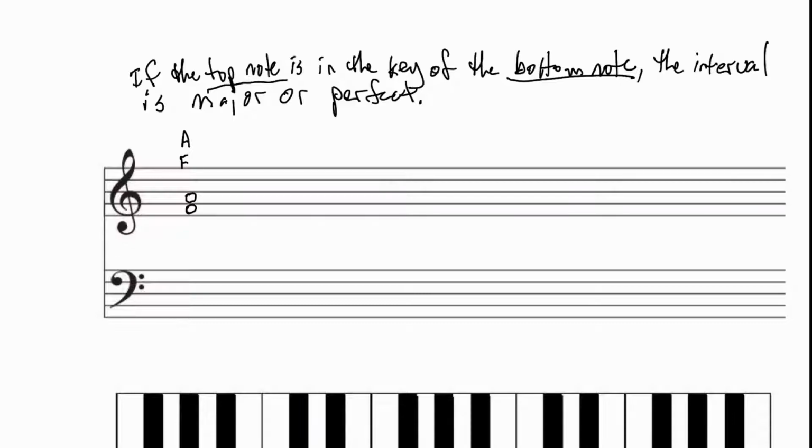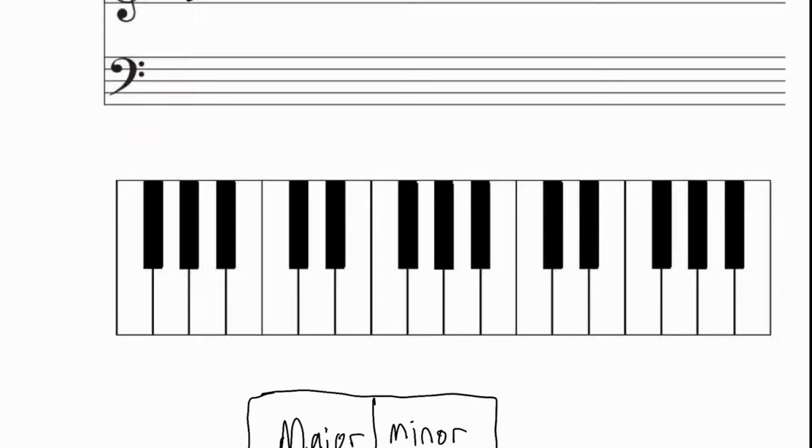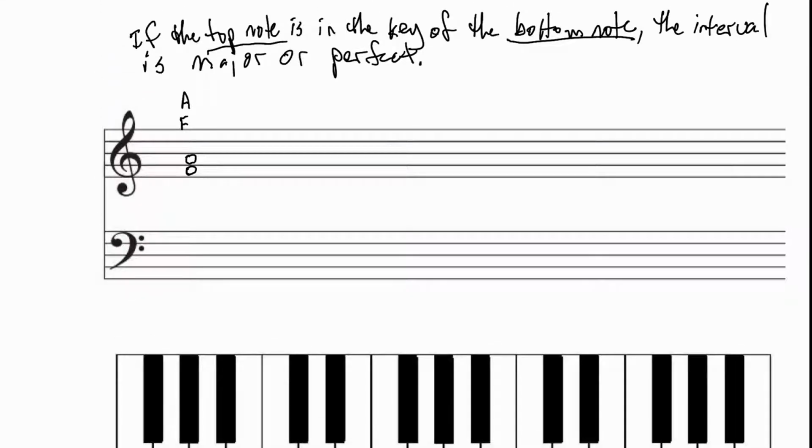F major scale, if you look here, is F, G, A, B flat, C, D, E, F. See how important it is to know your scales and key signatures? So the F major scale has an A in it, and so therefore, this is a major third. If the top note's in the key of the bottom note, the interval is major or perfect.